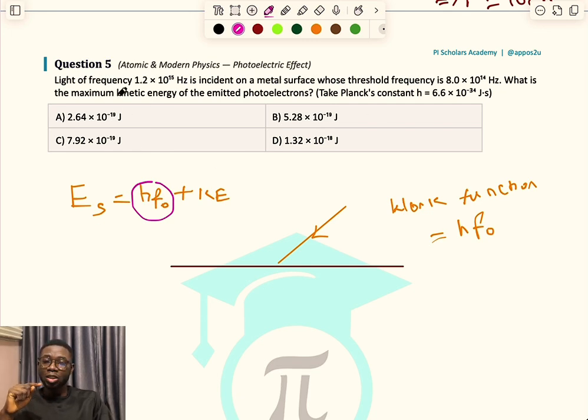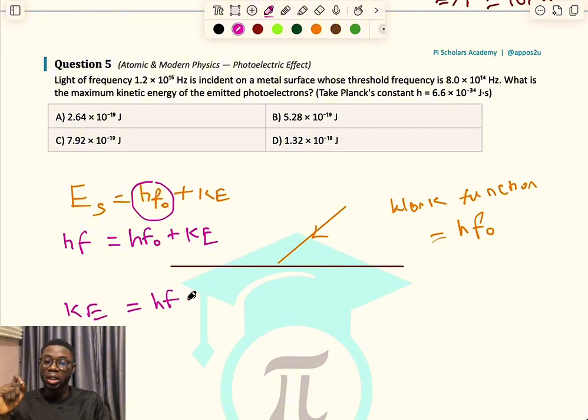If the light that you are supplying has a frequency of this, then the energy that the light is supplying is going to be h multiplied by the frequency of the light, and that is h multiplied by f naught plus kinetic energy. Since what we're looking for is the kinetic energy of the emitted photoelectrons, we have hf minus hf naught, which is h multiplied by f minus f naught.